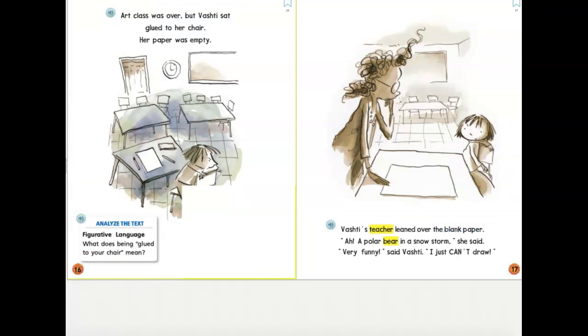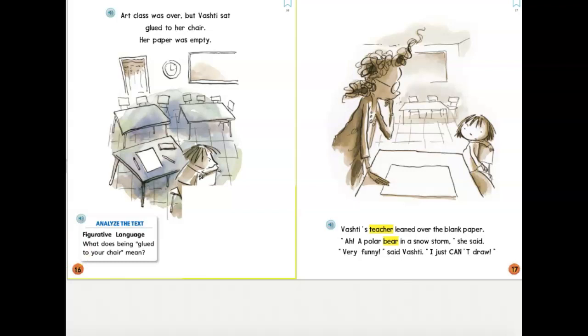Art class was over, but Vashti sat glued to her chair. Her paper was empty. What do you think being glued to your chair means? It doesn't mean that Vashti is literally glued to her chair. It just means she is sitting there thinking without getting up from her chair.